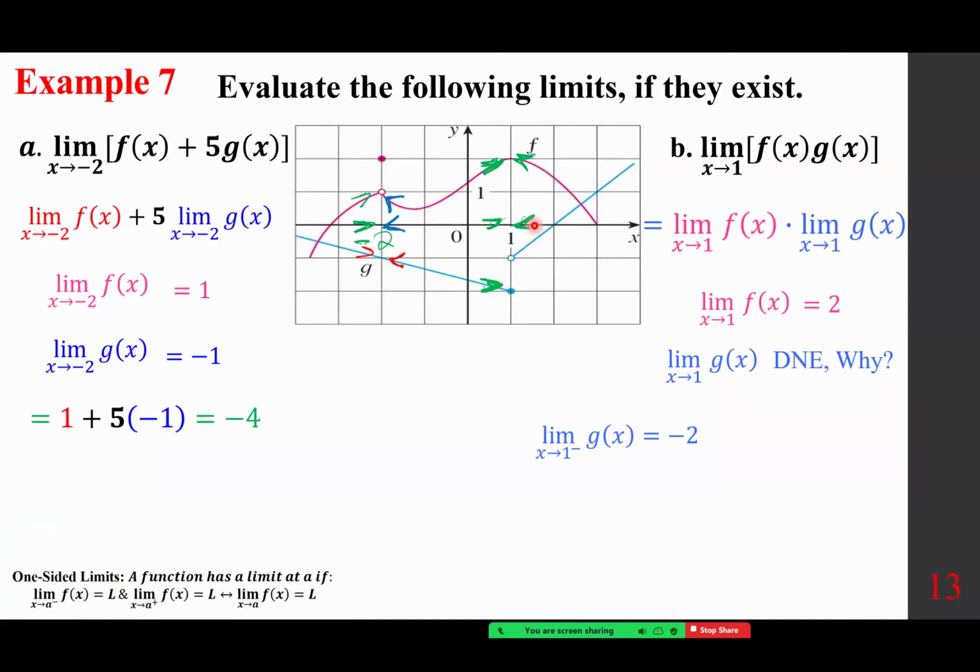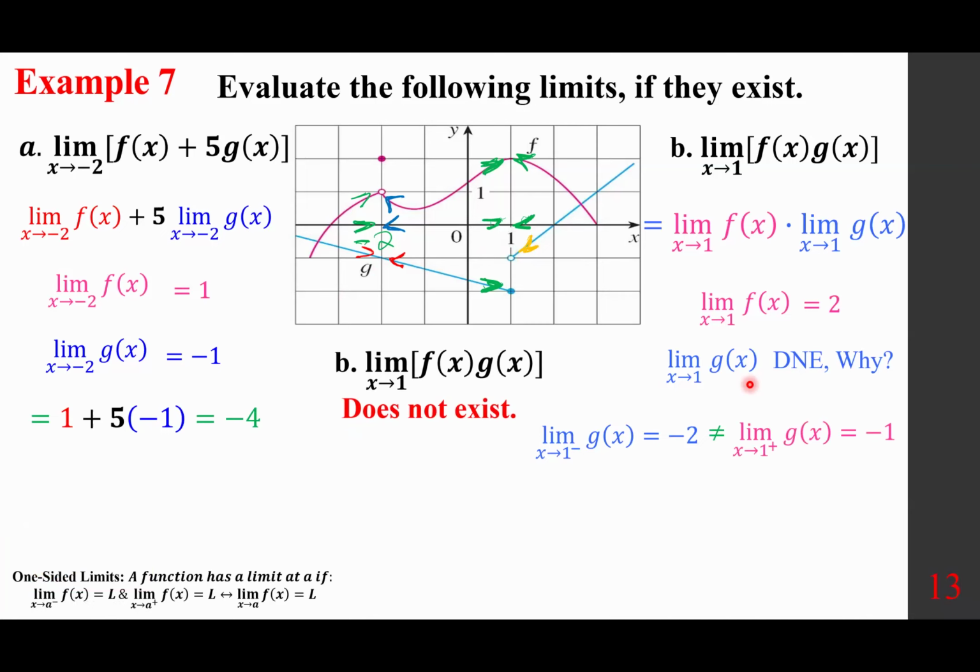However, if we go towards the right side, we are in this branch. And this one has a y coordinate which is different, -1. So the limit of g of x as x approaches 1 doesn't exist. Therefore, the limit of the product of f of x and g of x doesn't exist as x approaches 1.